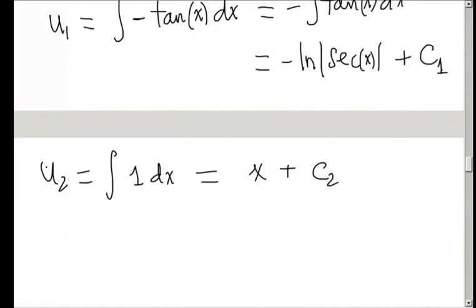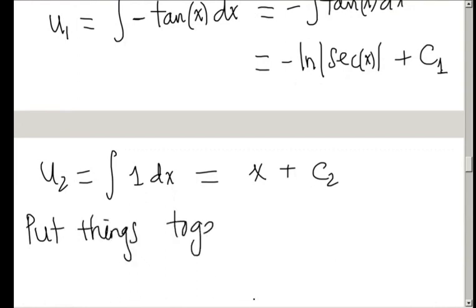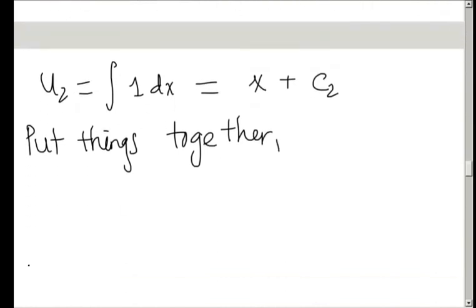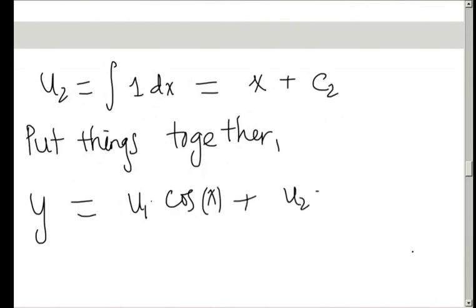Now knowing u1 and u2, we put everything together. Then we have y equal to u1 times cosine x plus u2 times sin x.